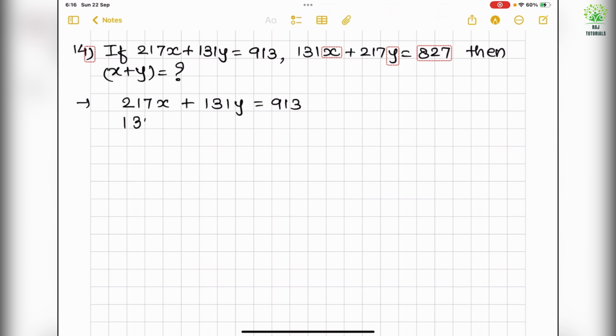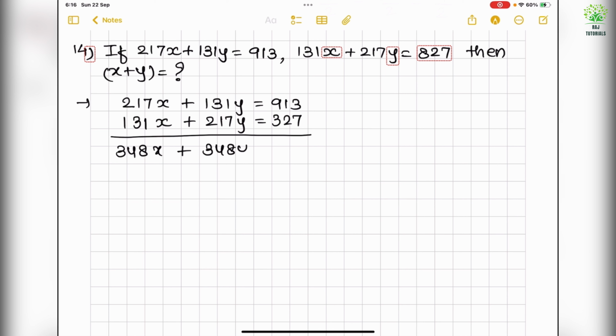If I add both of them, I will have 348x plus 348y equal to 1740.